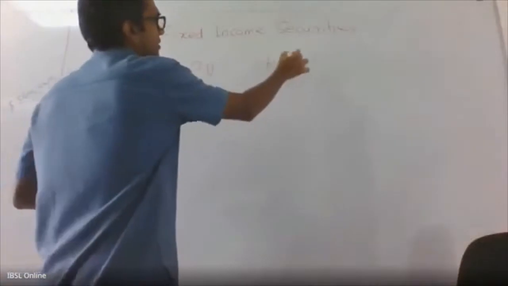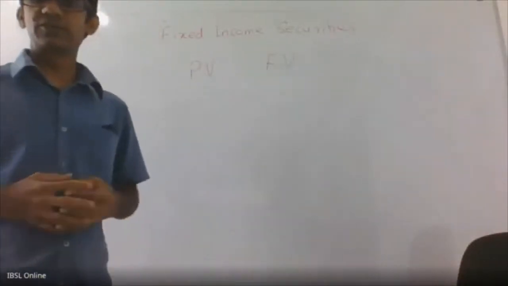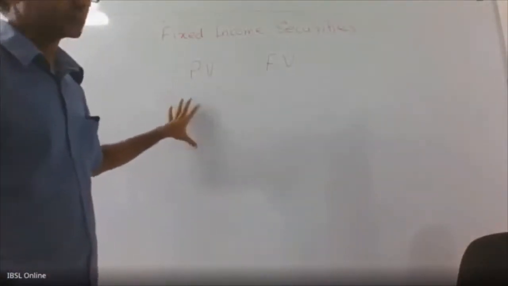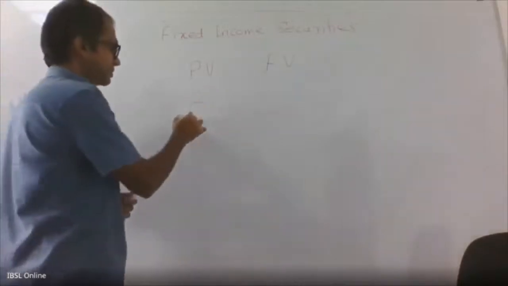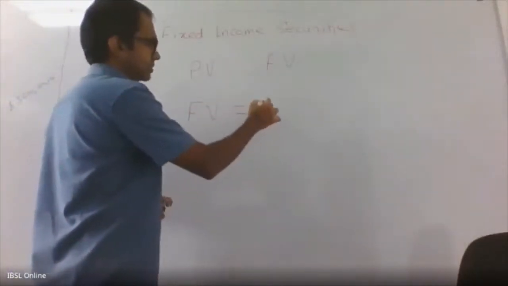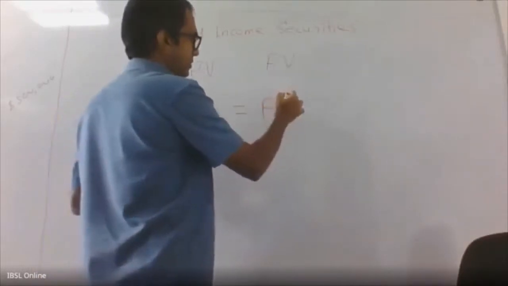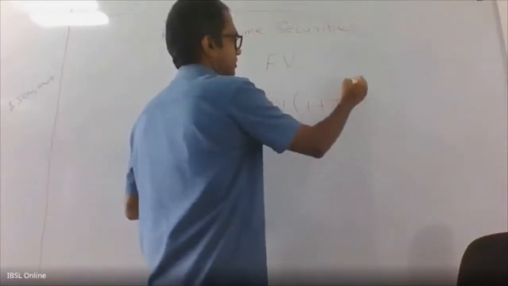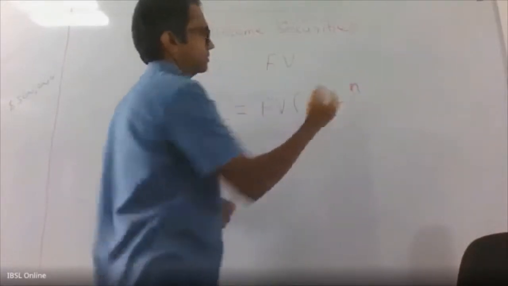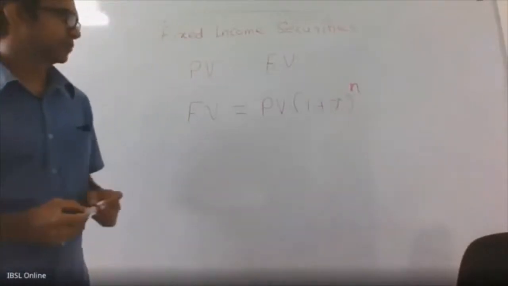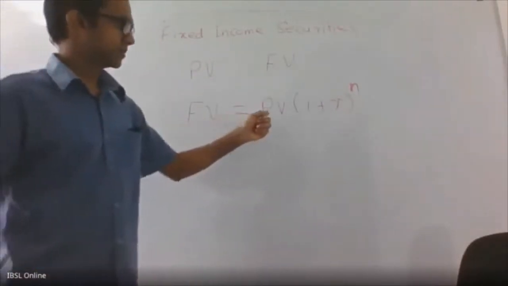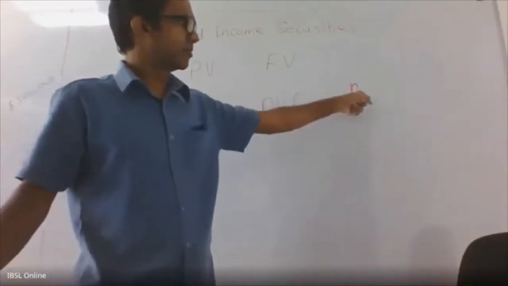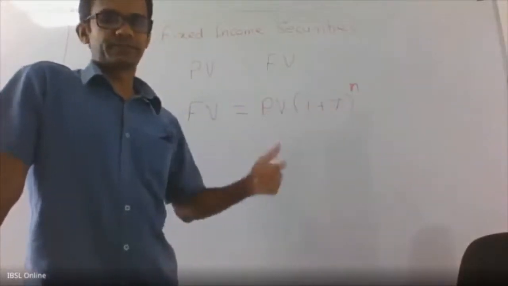present value and future value calculations, because that is something that we need in this course. If you remember, future value equals the principal amount, the present value, times (1 + r) to the n. You may remember this equation: future value, present value, r is the interest rate, n is the number of terms.